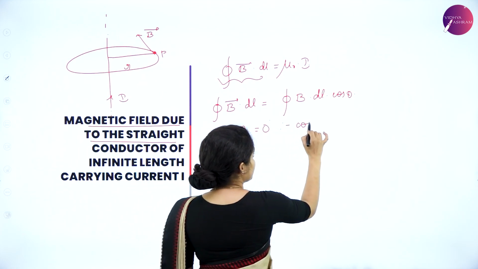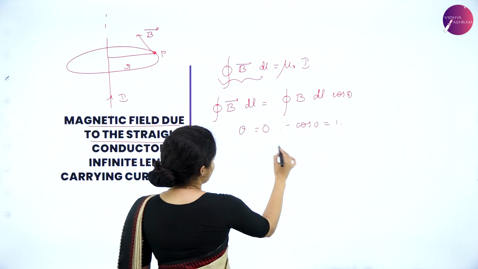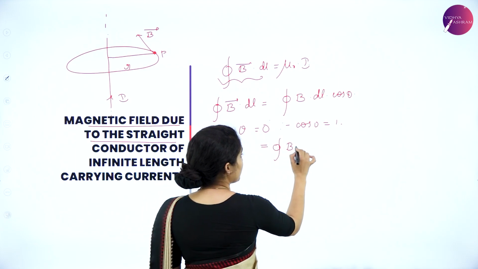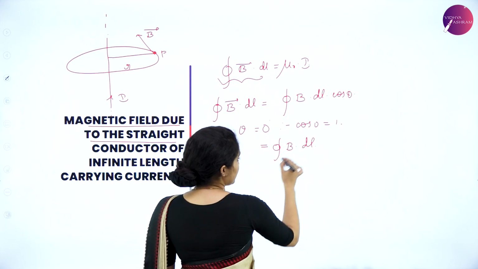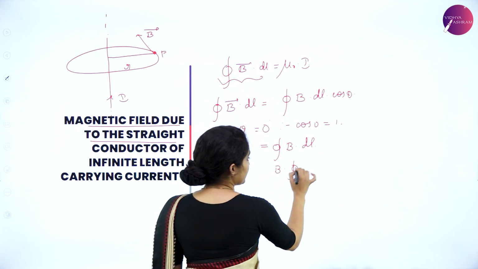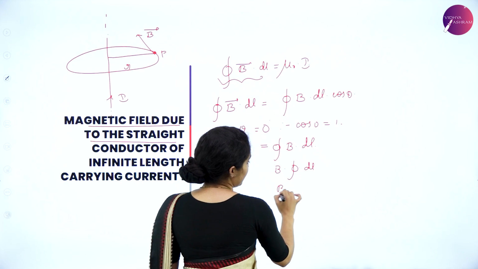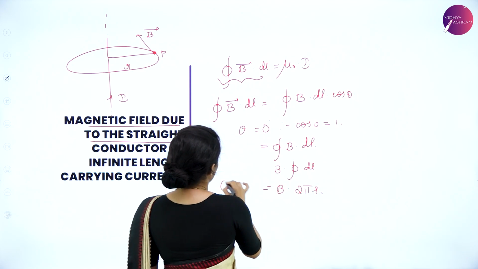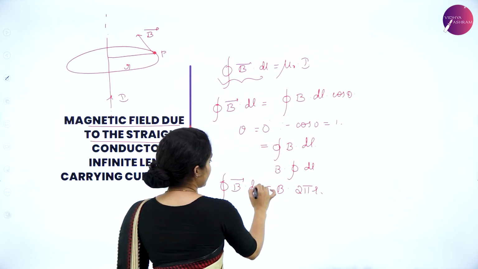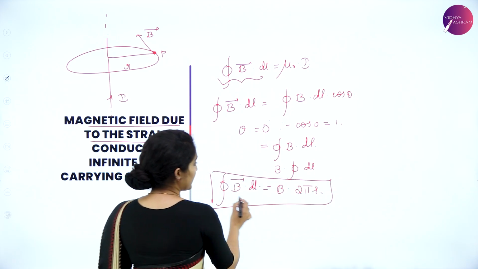So cos 0 turns out to be 1. So we have the line integral of B dl itself, because the vector notation is dropped. So B into the line integral of dl is nothing but B into the circumference, which is 2 pi r.